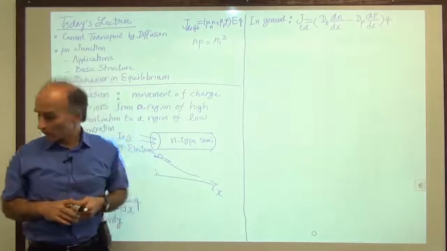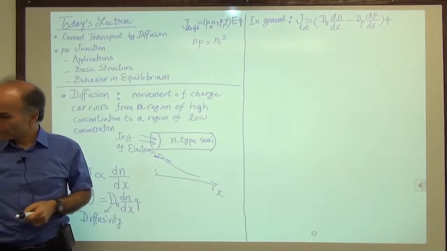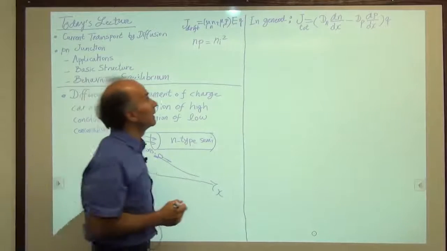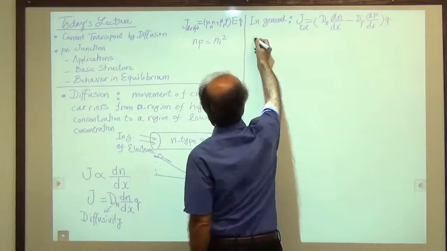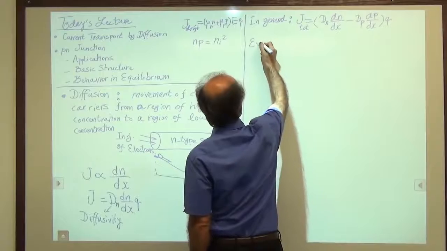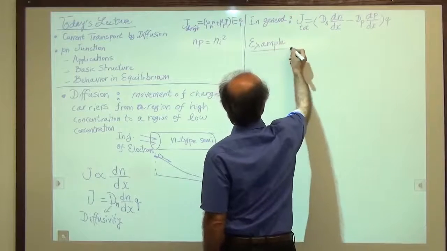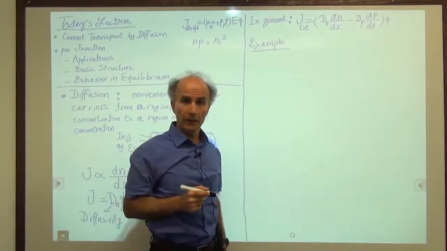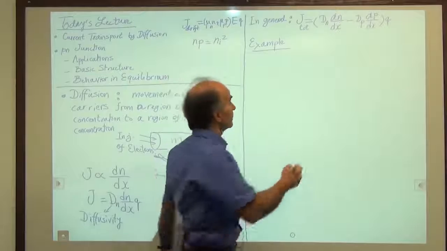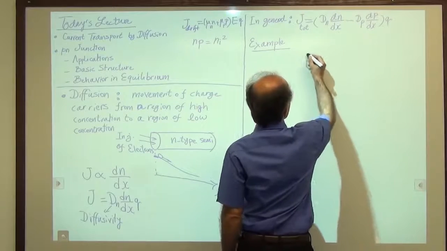Okay, so let's look at a quick example to see how diffusion actually occurs and what consequences we should expect. So I perform an experiment. I take a piece of semiconductor. So let's draw it like this.